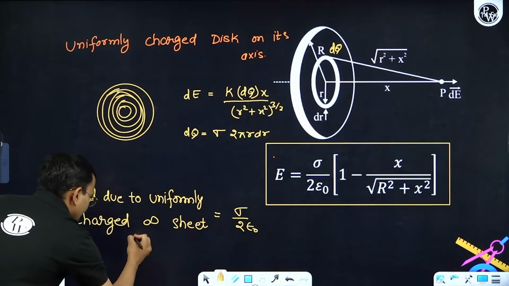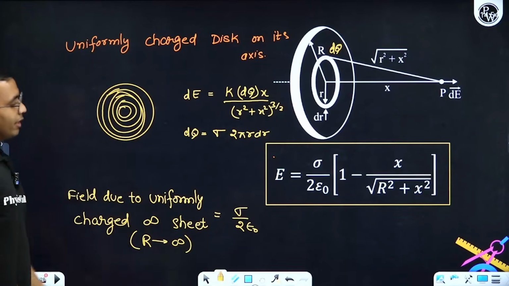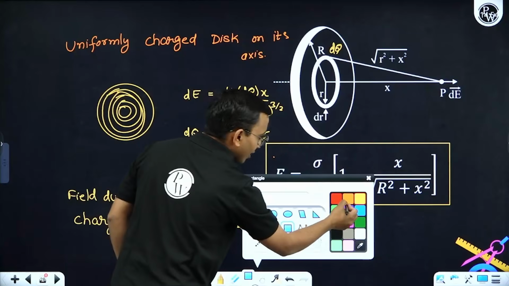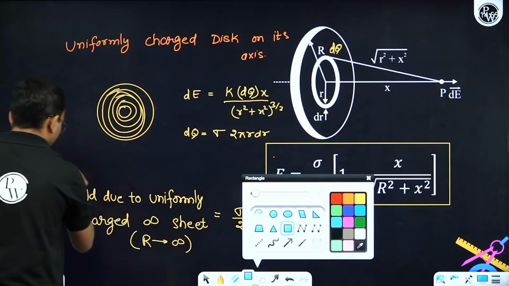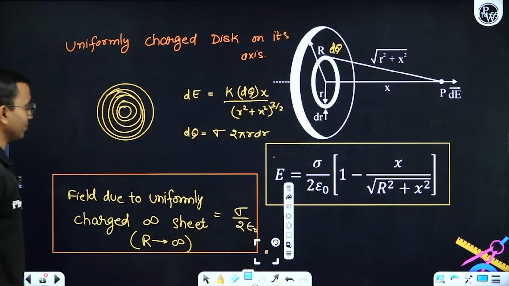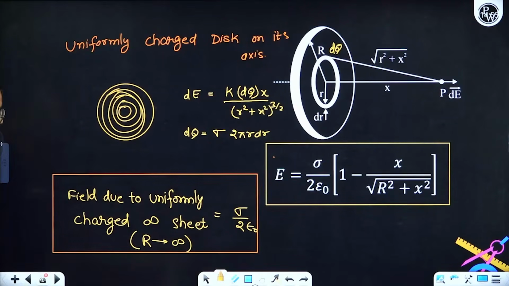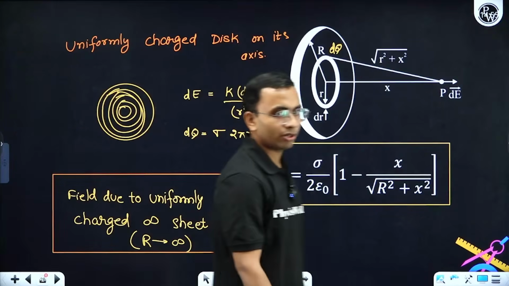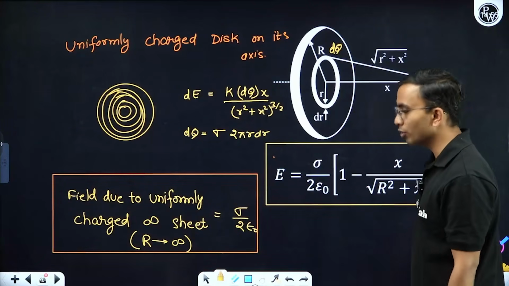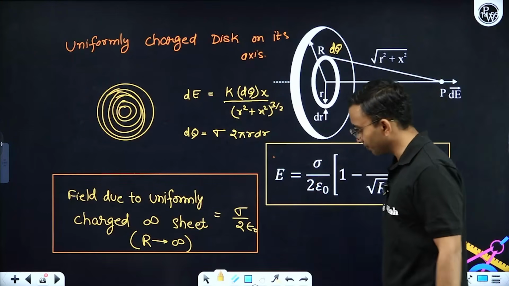Okay, remember it here, my r becomes infinity. This is an important formula that you need to remember. Sigma by 2 epsilon naught. Anyways, we'll come back to this when we discuss Gauss law. There also I'll show you how this sigma by 2 epsilon naught comes by a different method.